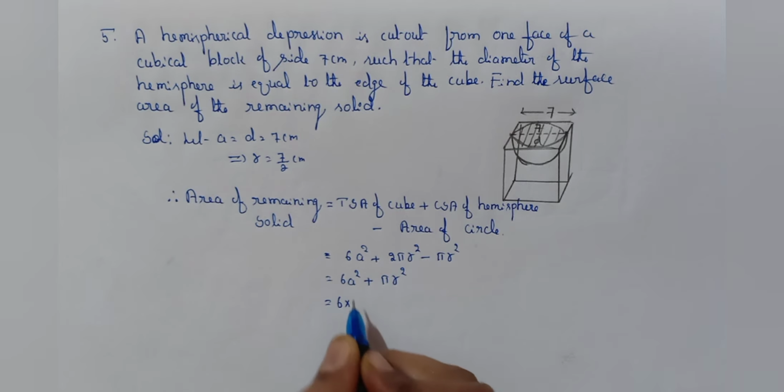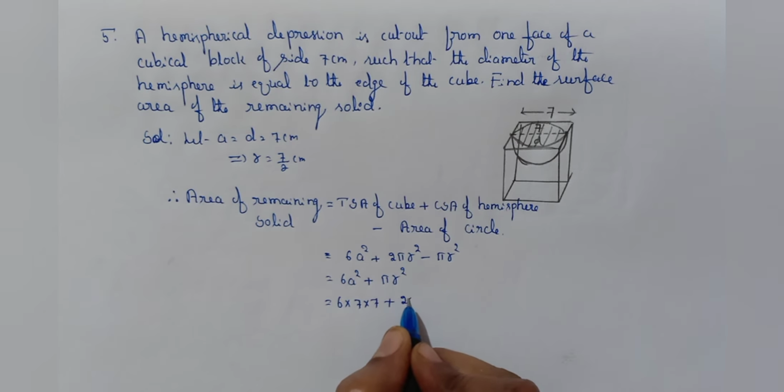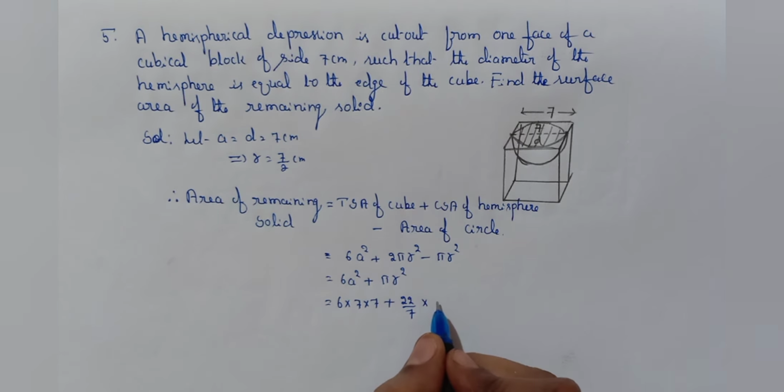The edge of the cube is 7 centimeter, so 6 into 7 into 7 plus, substituting 22 by 7 for pi, and the radius is 7 by 2 into 7 by 2.